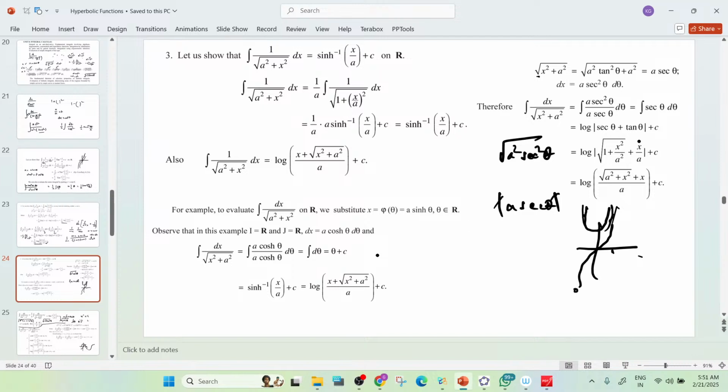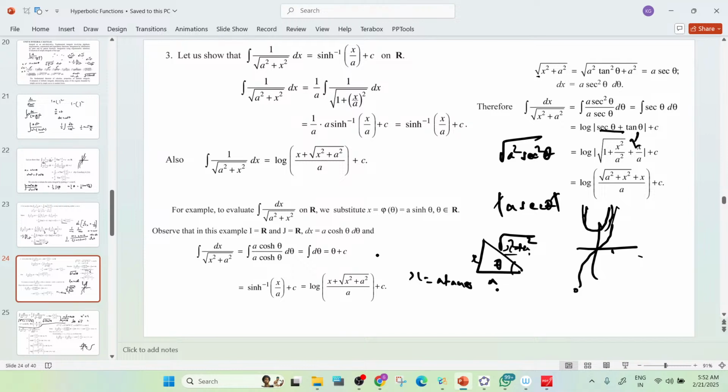Now this one, how did we get it? We substituted x equals a tan theta, right? So tan theta equals x by a, opposite by adjacent. What will become of the hypotenuse? Square root of x square plus a square, right? So what will become of secant theta?